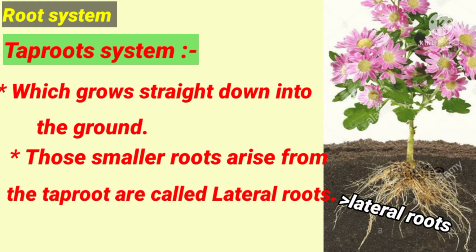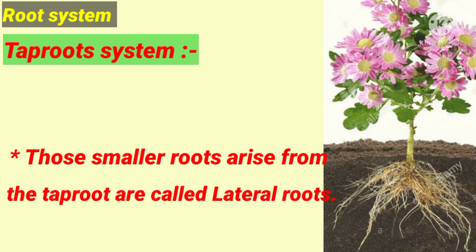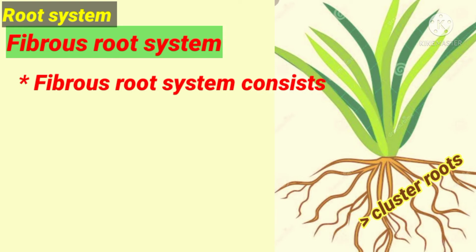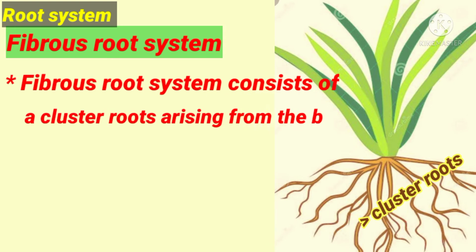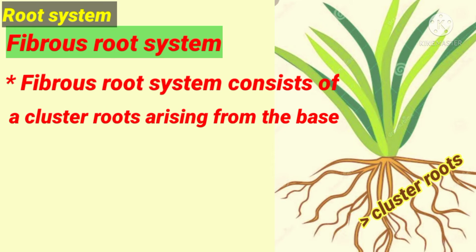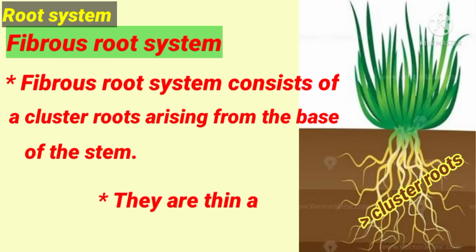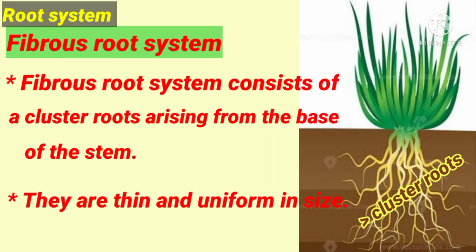The smaller roots that arise from the taproot are called lateral roots. The fibrous root system consists of a cluster of roots arising from the base of the stem. They are thin and uniform in size.